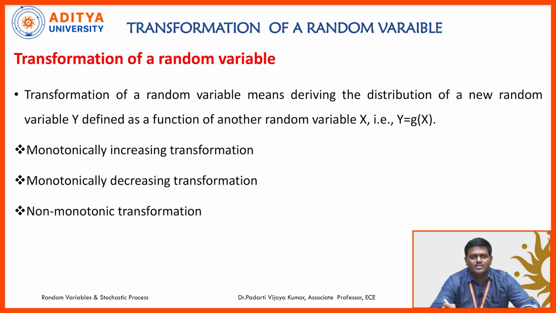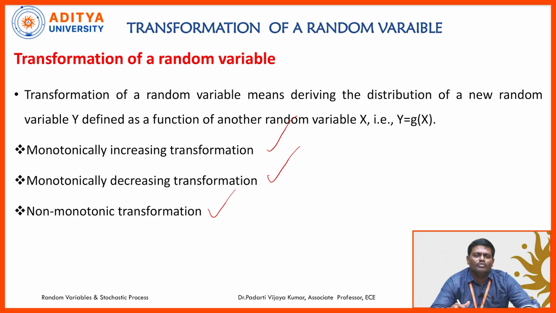Monotonic transformation is classified into two types: monotonically increasing function and monotonically decreasing function. If x is increasing, y is also increasing correspondingly, we call it monotonically increasing transformation. If x is decreasing, y is also decreasing correspondingly, then we call it monotonically decreasing transformation. And non-monotonic transformation: if x is increasing, y is decreasing, or if x is reducing, y is increasing. In such case we call it non-monotonic transformation.